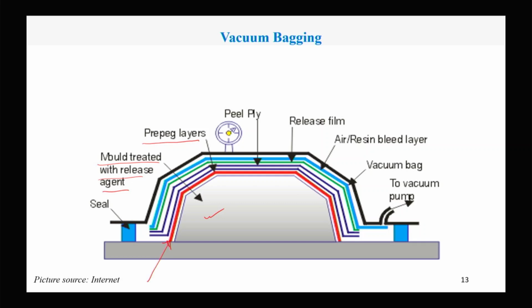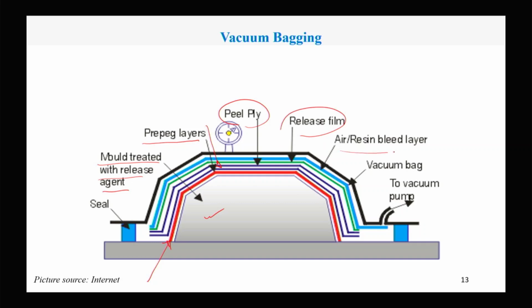This is the prepreg. That means the matrix along with the reinforcing material is placed over that, and after that there will be a peel ply and release film. Different layers will be there.